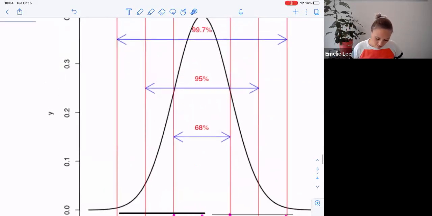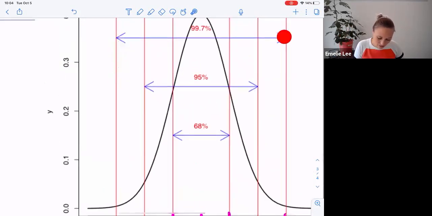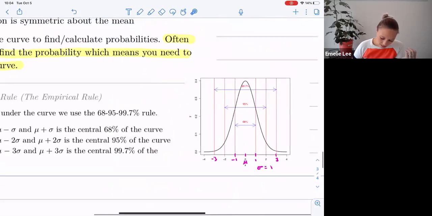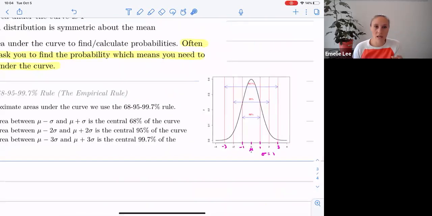Then if I go to 3 standard deviations beyond the mean, then I've covered the central 99.7%. So what we can do is use these areas as puzzle pieces, right? And that's kind of fun. With some practice, you'll get really quick at figuring out these puzzle pieces.